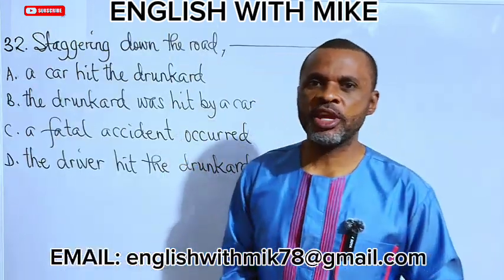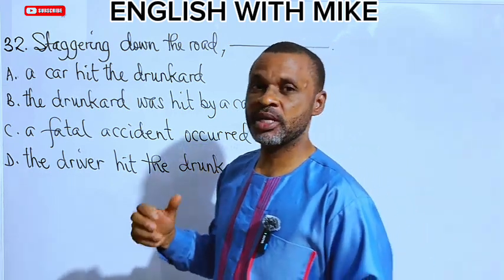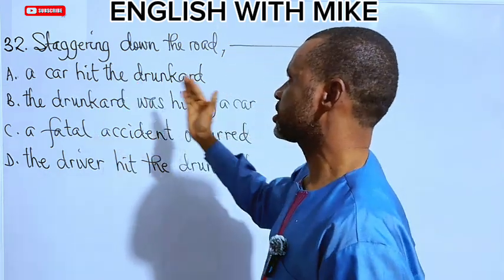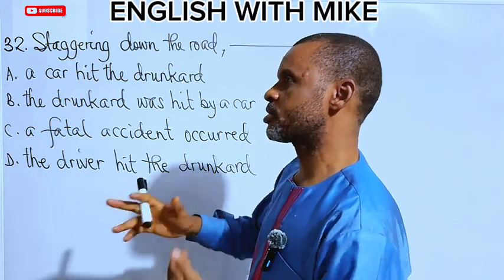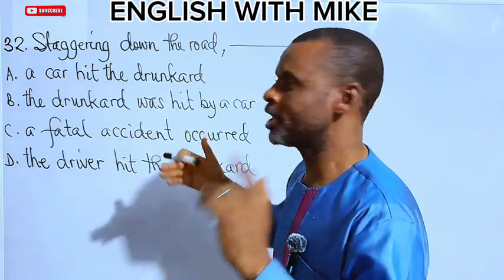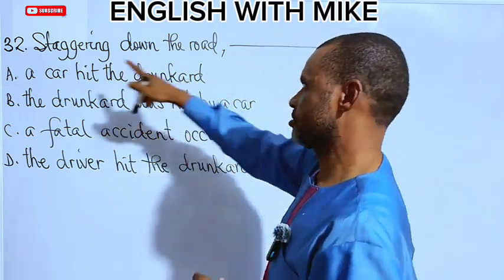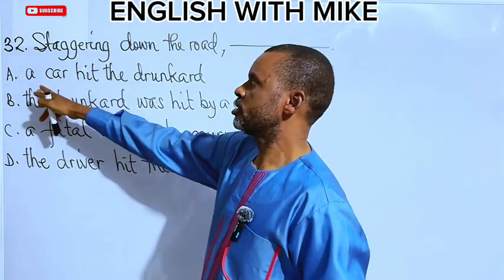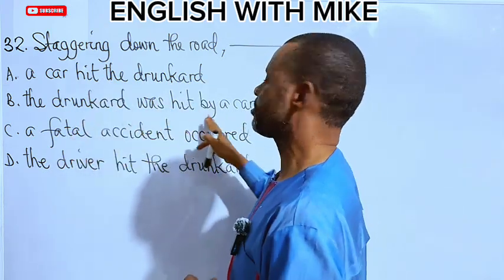Here is a very tricky question on participial structures in grammar. How do you use structures like this, where an action is started by a subject? I won't give you any clues. Staggering down the road, something happened. What happens? Did a car hit the drunkard? Or was the drunkard hit by a car?